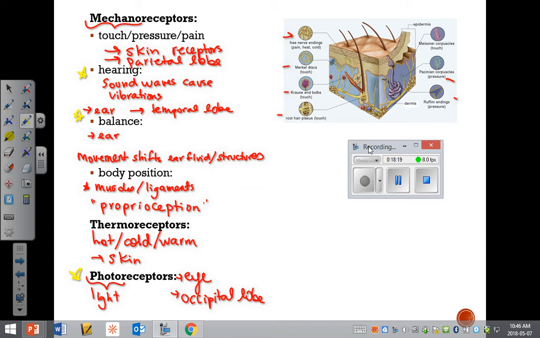So for example, for touch, pressure, pain, you don't have to know the names of those receptors or any details other than they're mechanoreceptors in your skin that send information to the parietal lobe. If we're talking about hearing or balance or photoreceptors, we will do the next 3 days of lessons just about those things, and you will have to know specific parts.